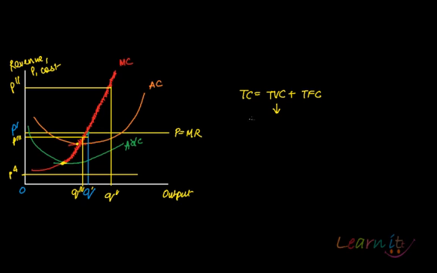In case I produce nothing, supposedly my Q is equal to 0. My TVC would also be equal to 0, because these are the variable costs which depend upon the output level. So my cost would be just equal to TFC, and my profits would be just minus TFC.